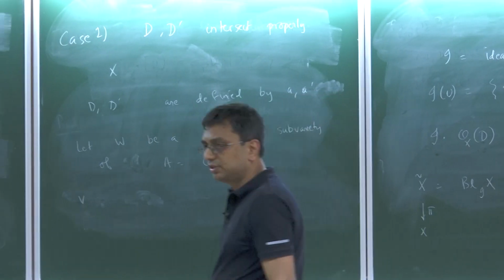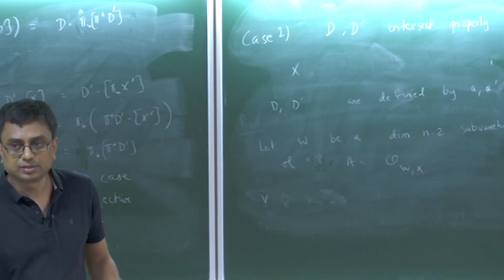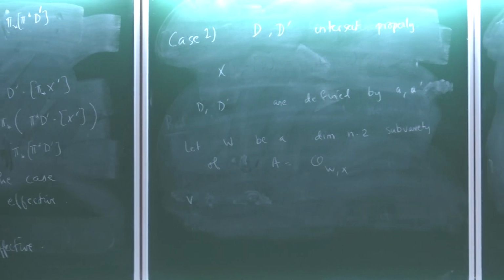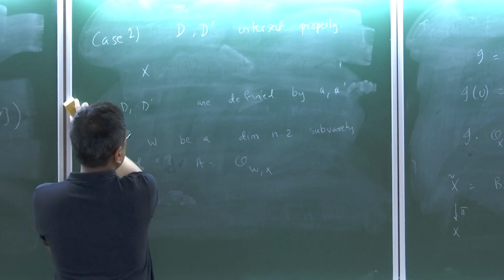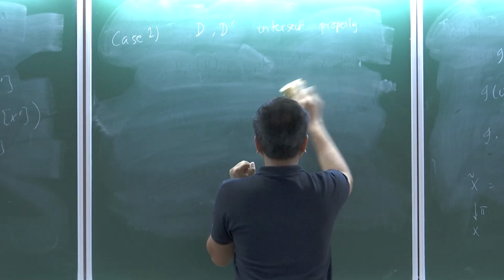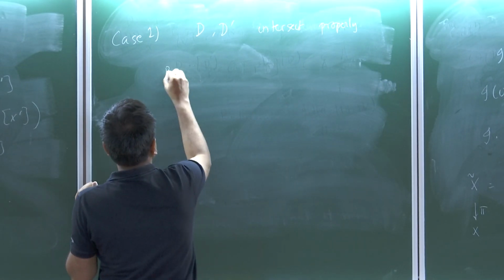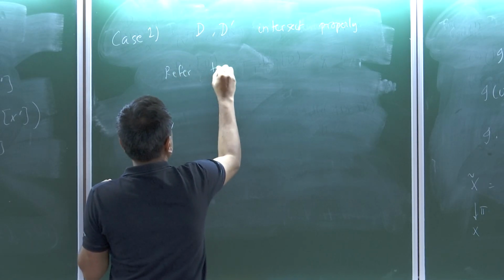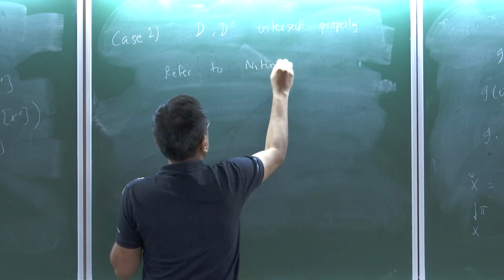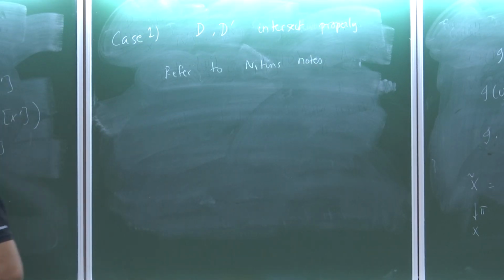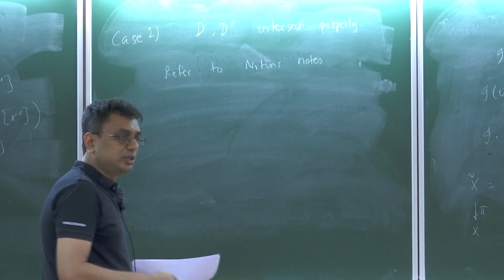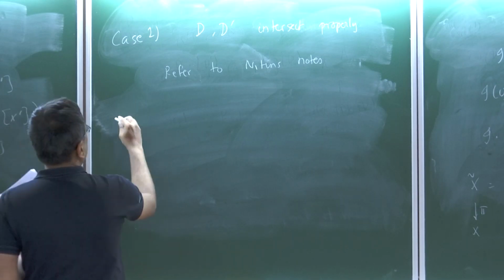I found some tricky parts, but let me just assume this. So refer to notes. It's a very interesting commutative algebra argument, so I would like you to actually go and read it if possible by today.